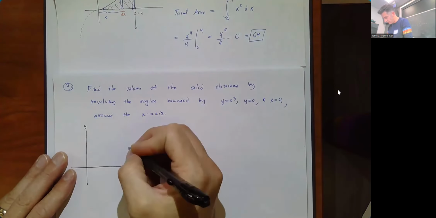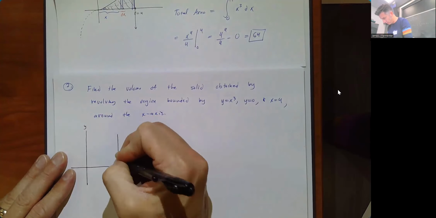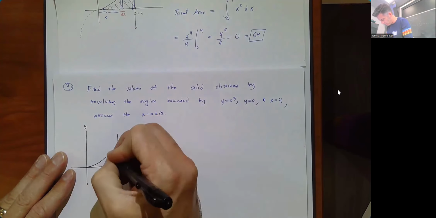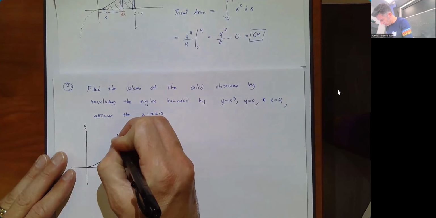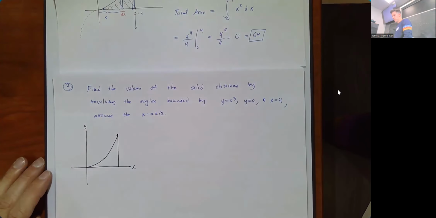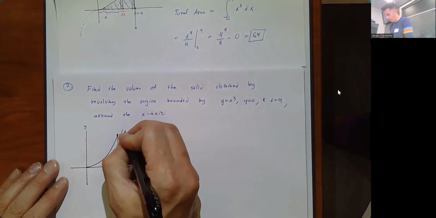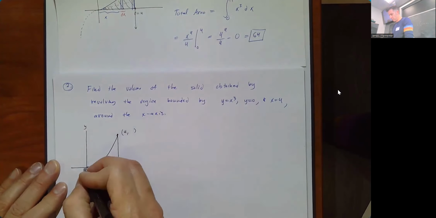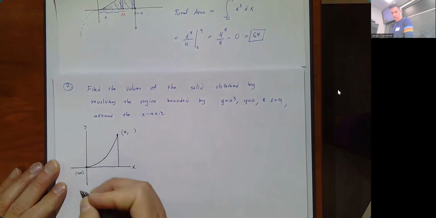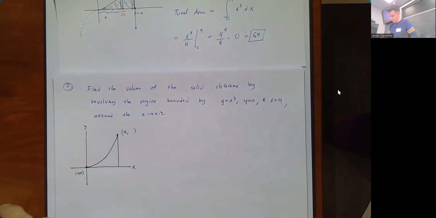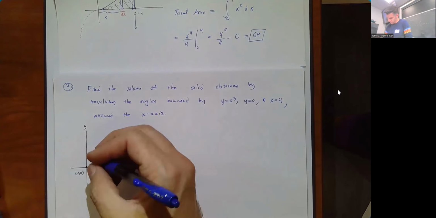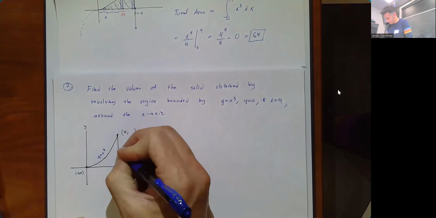So here's my x equals 4. Here's my y equals x cubed, meeting up with it. This point here is 4 comma something. This point here is 0 comma 0. And here's our y equals x cubed, and here's x equals 4.